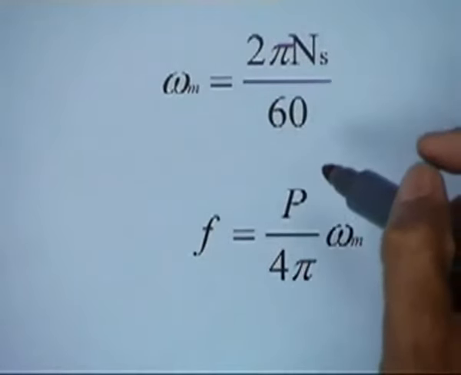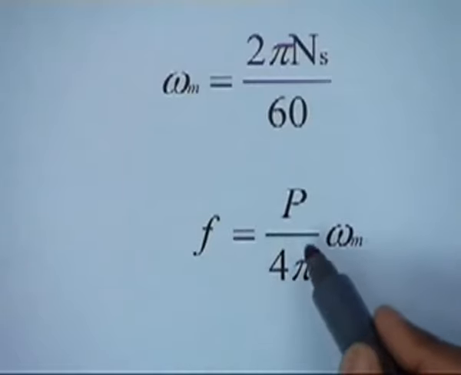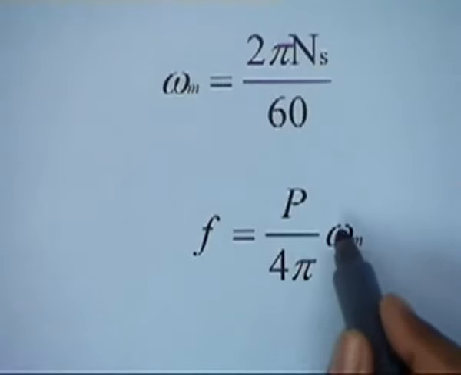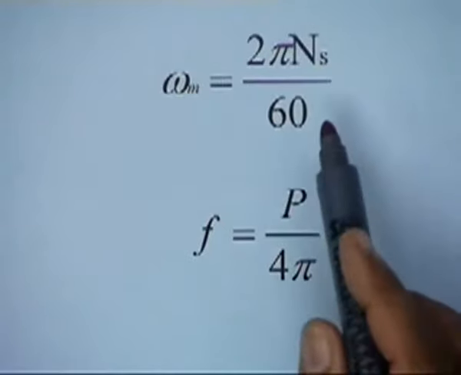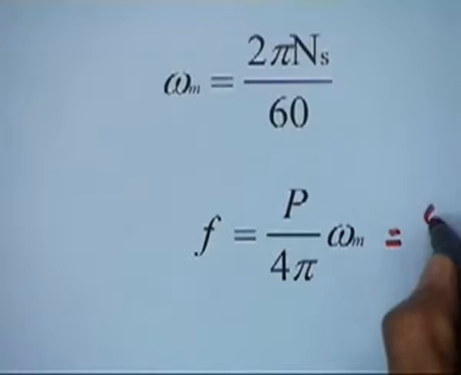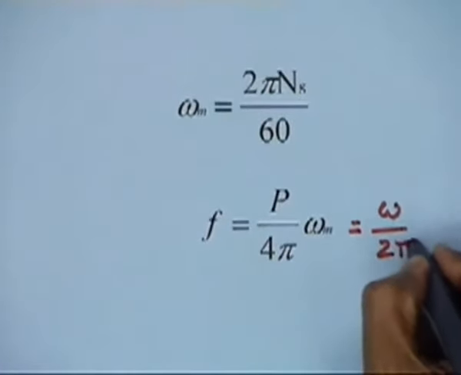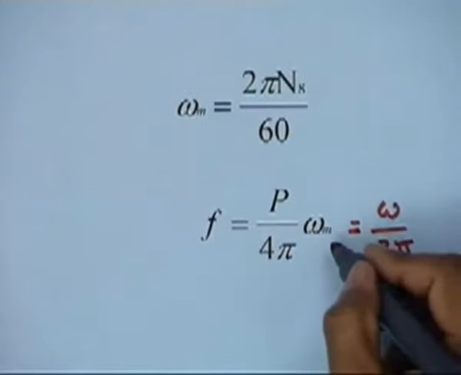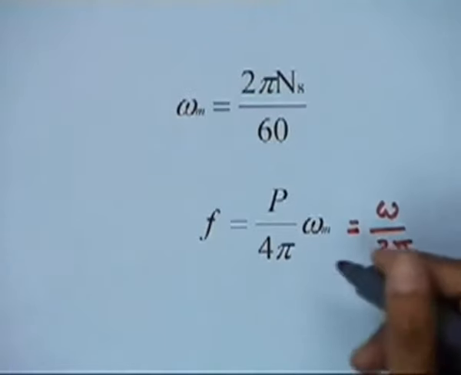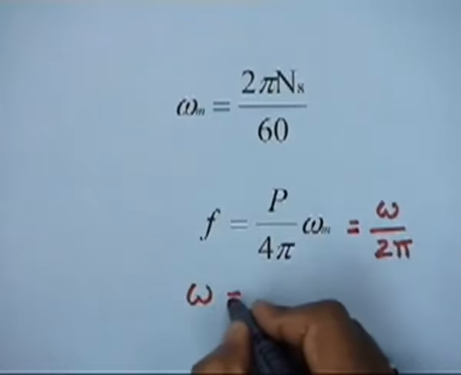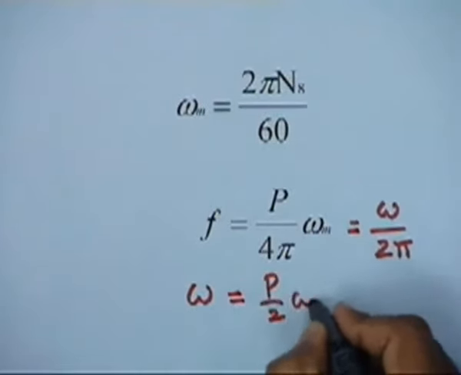And the frequency f is given by p by 4 pi into omega m, because omega by 2 pi is the electrical frequency, where omega is electrical, and the electrical angle is p by 2 times the mechanical angle. So we have this relation. Omega we have already seen equal to p by 2 times omega m.